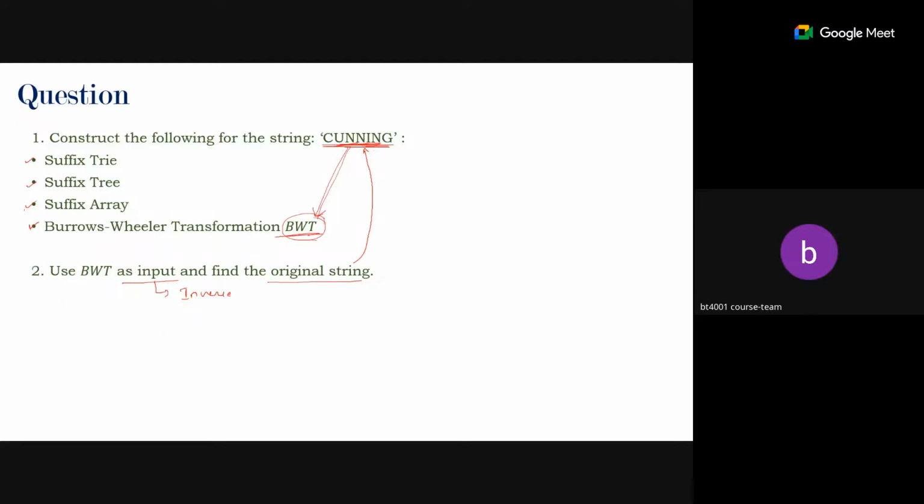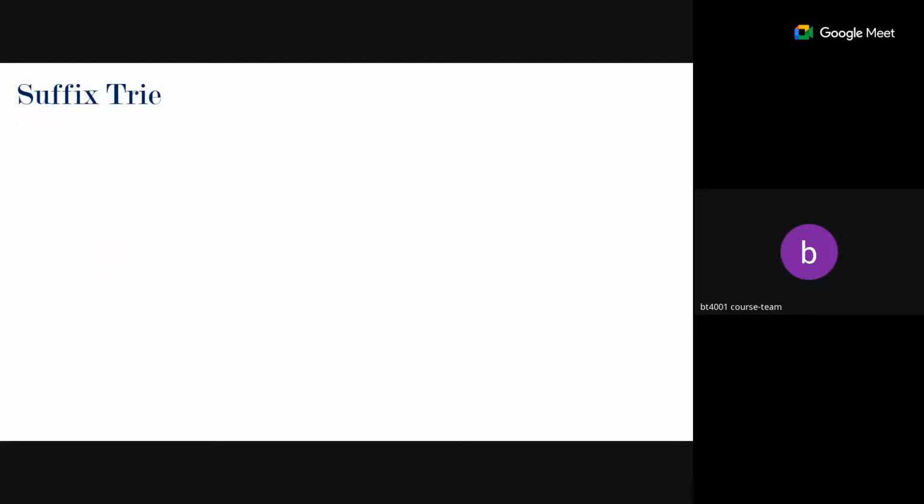So coming to the suffix tries, we start with cunning. We are going to assume there is a dollar sign at the end of every sentence, every genome sequence or any sequence that's given to you for this particular topic.